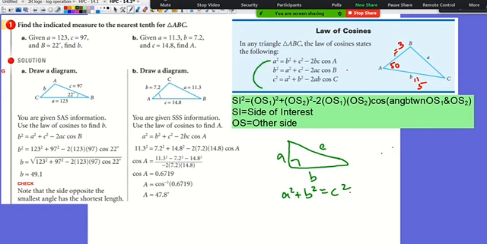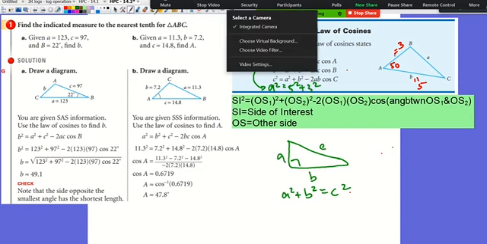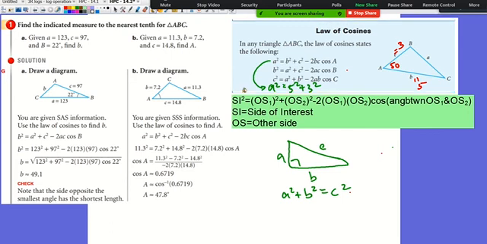A squared is going to equal little b squared, which is 5 squared, plus 3 squared, minus 2 times little b times little c times cosine of 50 degrees.